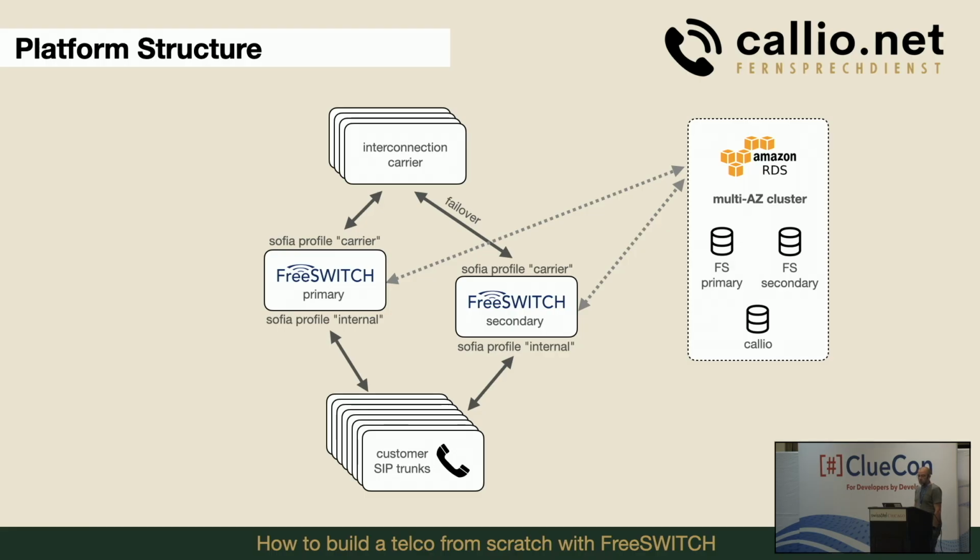That's a short view on the platform structure. We are running 2 FreeSWITCH servers in 2 different AWS availability zones. The primary server is the active server. The secondary server is the failover or backup server.